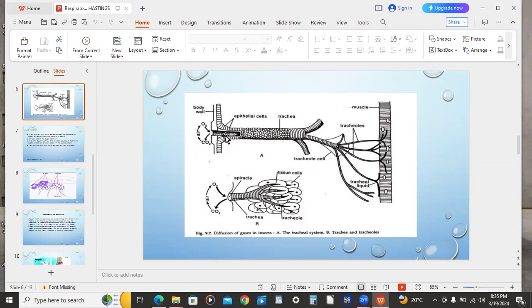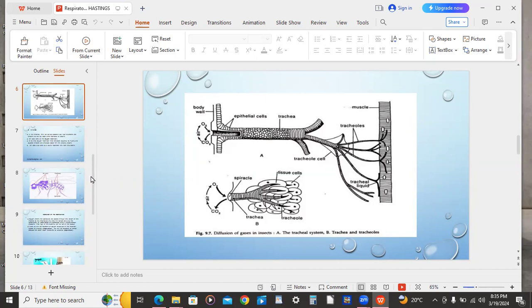From the spiracles to the length of the trachea, from the trachea to the tracheoles, from the tracheoles to the targeted cells by the combination of ventilation and diffusion into the body of an insect.